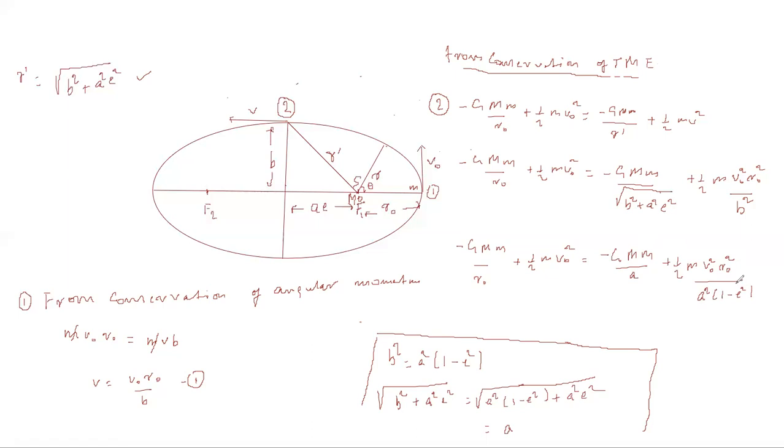So in this formula b is completely eliminated, and the characteristic variables of an ellipse in this formula are a and e. So a gives the size of the ellipse and e measures its eccentricity, that is the shape of the ellipse.